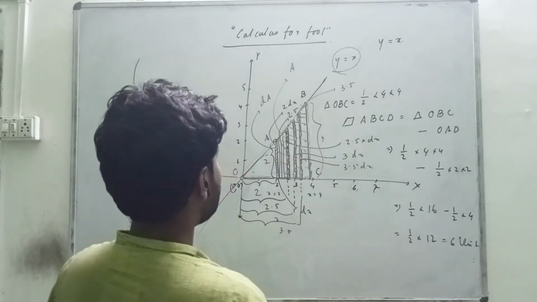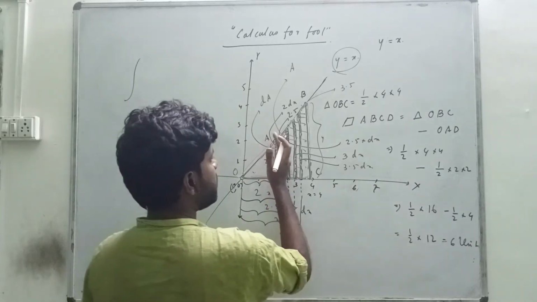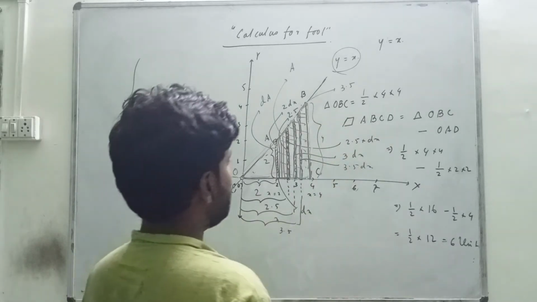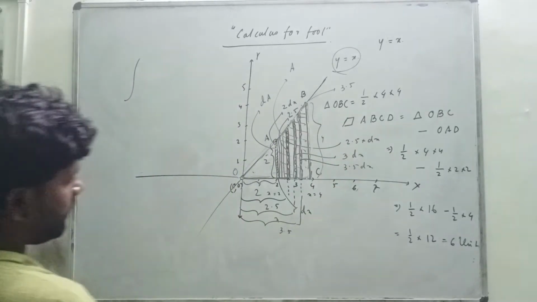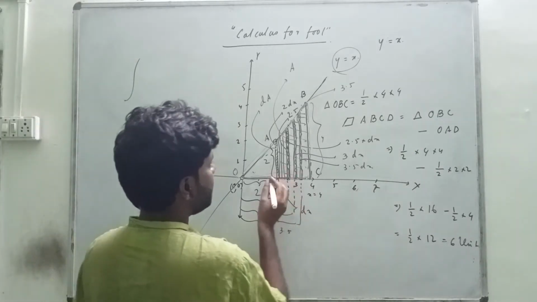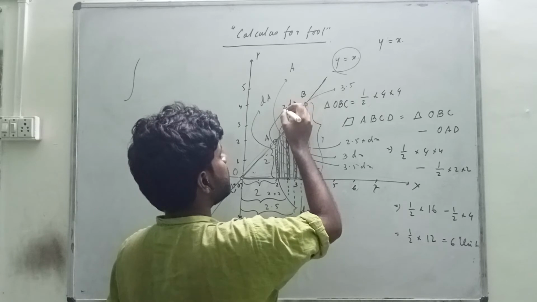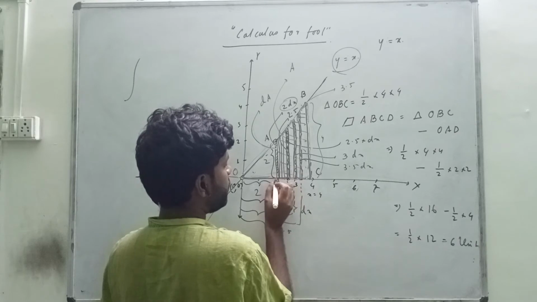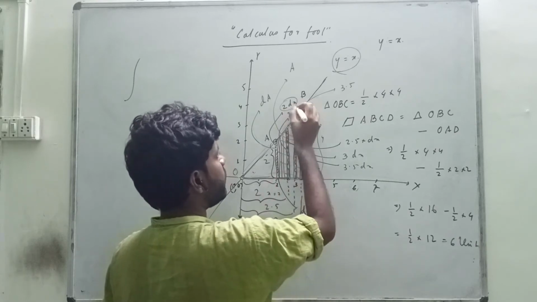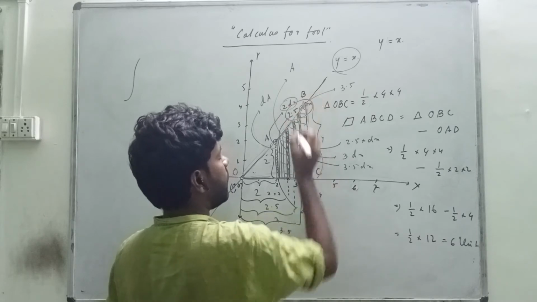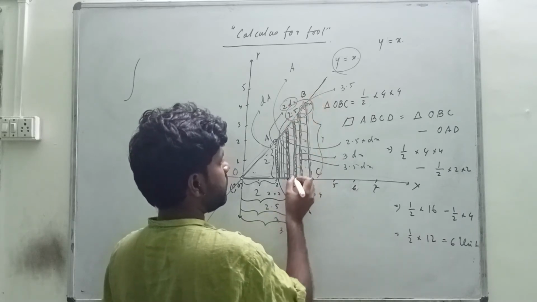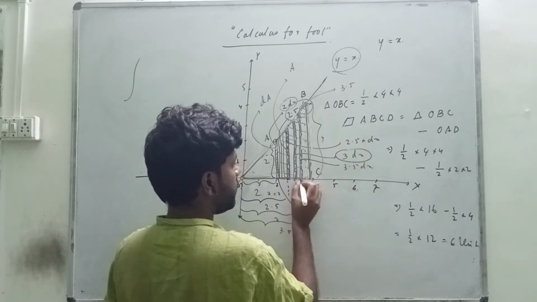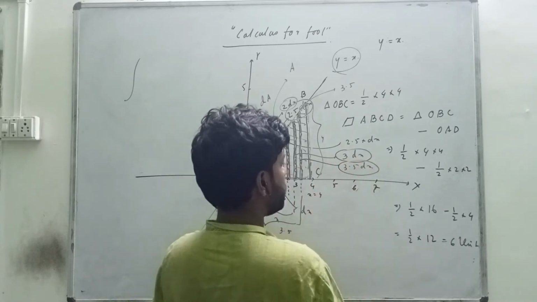Okay. And if you calculate these infinite pieces of area, what will we get? Just add these infinite pieces of area. For example, the first area is 2 dx, the middle area between 2 and 3 is 2.5 dx, the third at 3 is 3 dx, and between 3 and 4 I will get 3.5 dx, right?